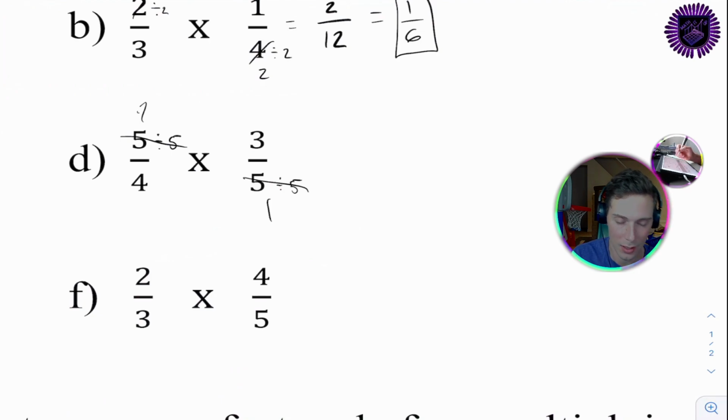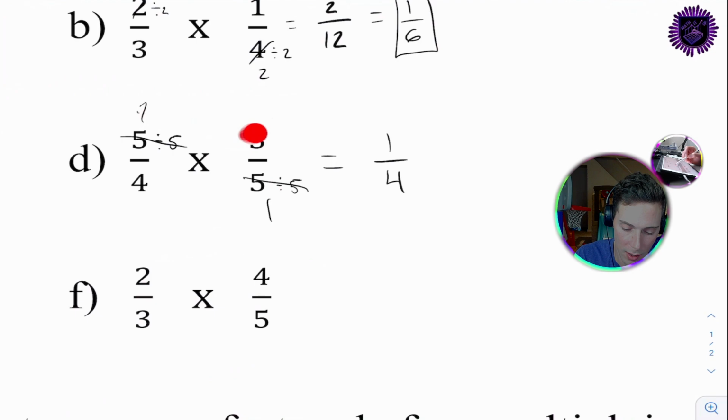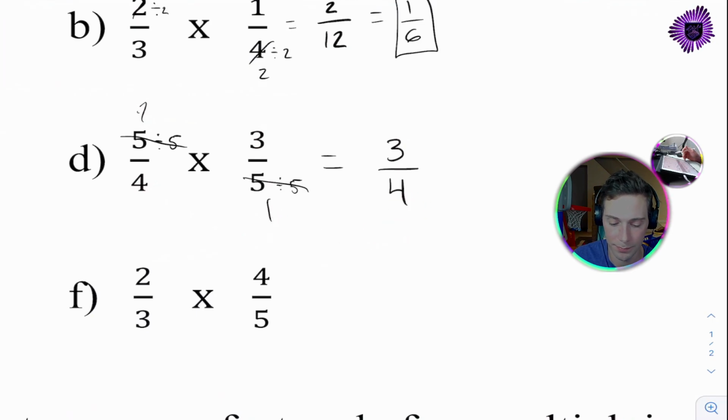And it's going to get us to our answer without having to simplify at the end. Because 1 times 3, not 1/4. As I'm checking my answer, it's going to be 3/4. 1 times 3 is 3. 4 times 1 is 4.